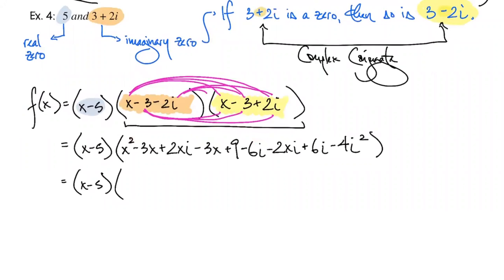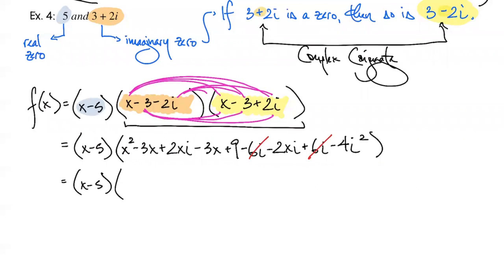All right. Is there anything that I can cancel out here or combine with a different term? Okay, so I see this negative 6i and a positive 6i.